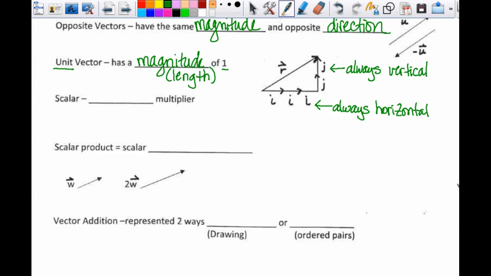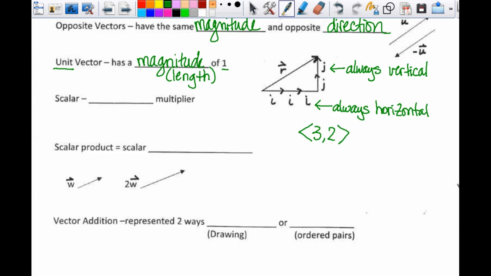Use the pointy brackets. If this is on a grid, this is 3, this is 2, right? So vector 3, 2. Is this the notation you've used for vectors, with the pointy brackets? Oh, you never wrote them in ordered pairs in physics. Okay, good to know. See, these are things I need to know.